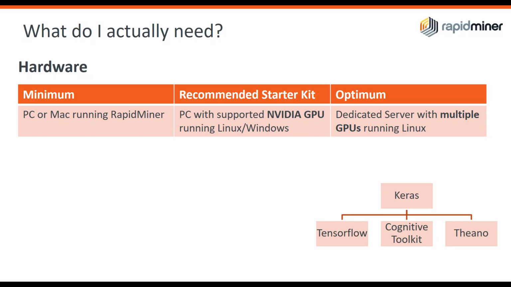The point of using NVIDIA is that the whole deep learning community relies on some drivers that currently are only available for these types of GPUs. So the optimum, of course, would be to have a dedicated server with multiple GPUs. But that's just the ideal case.